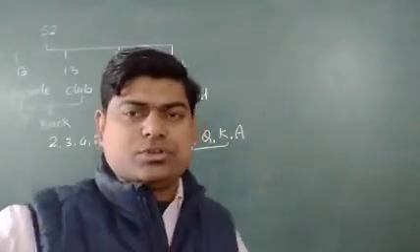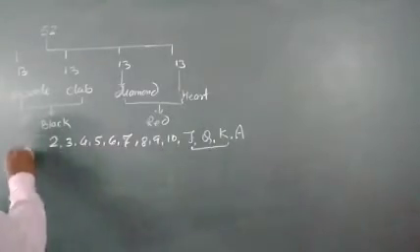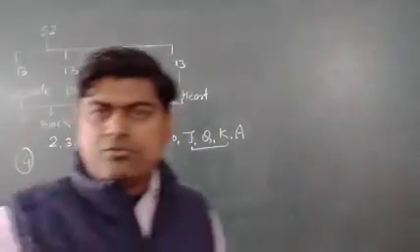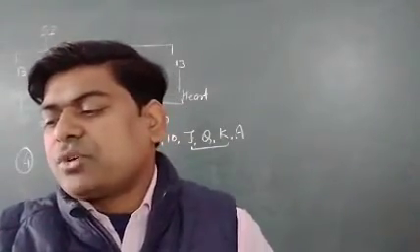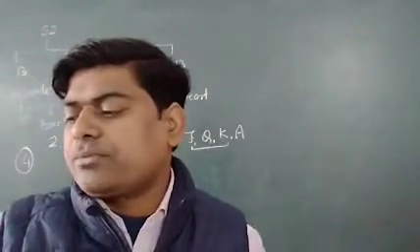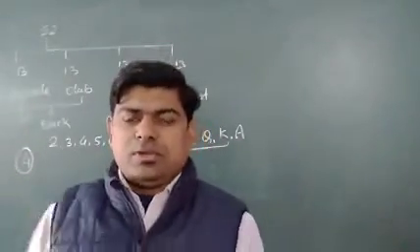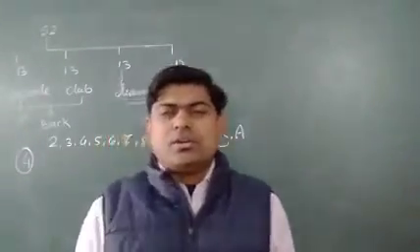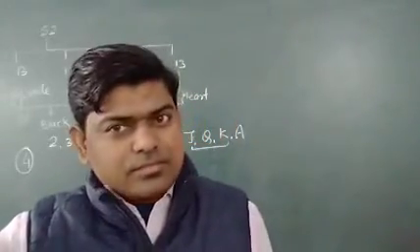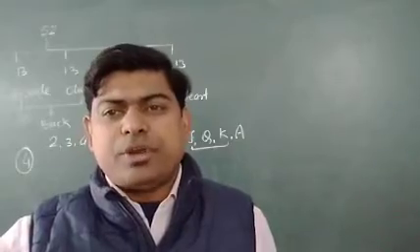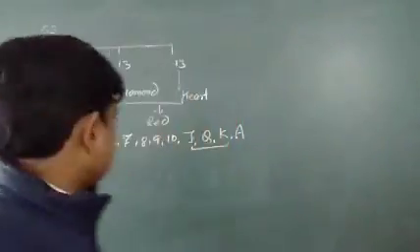Now I am moving to the question. Question number 4, you can see very clearly it's written: a card is drawn randomly from a well shuffled pack of 52 cards. What is the probability? Now listen to me, when I am talking about the card, if one card is drawn from the well shuffled deck of 52 cards, the total outcomes will be 52.